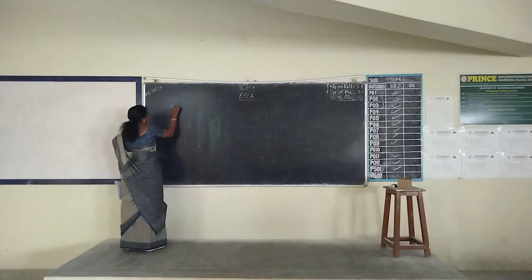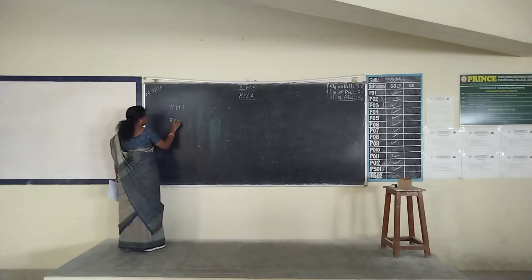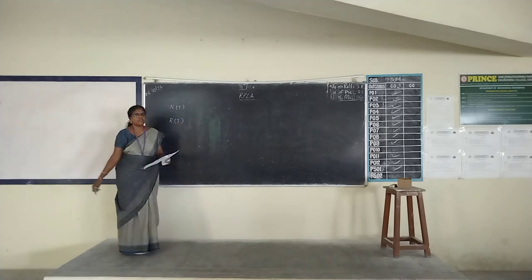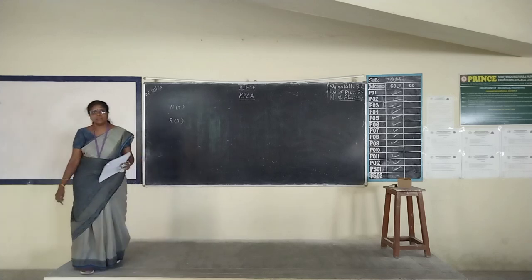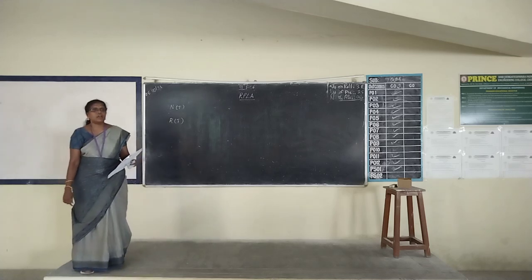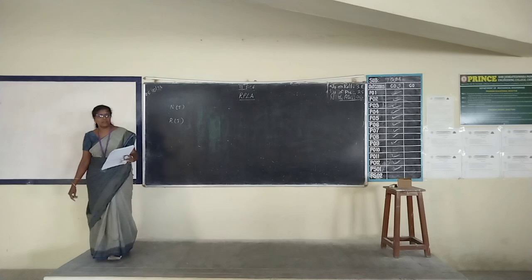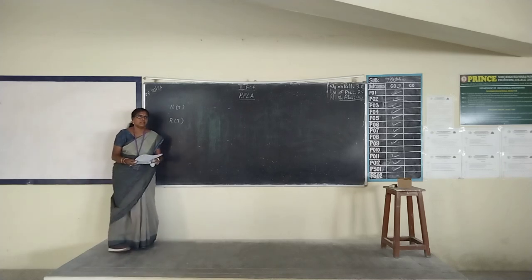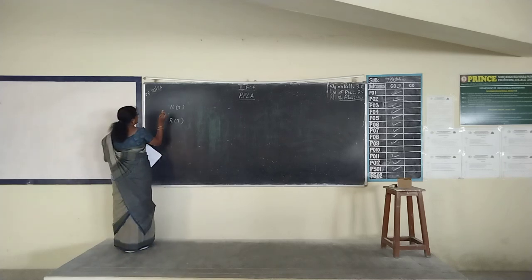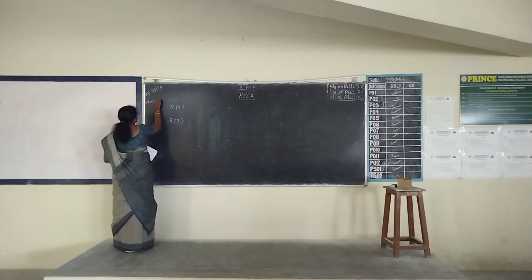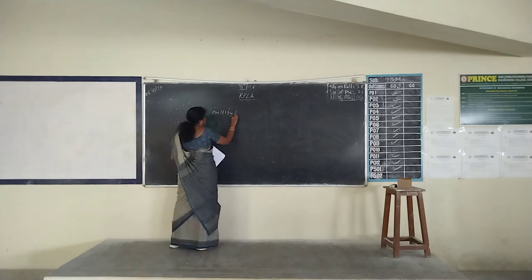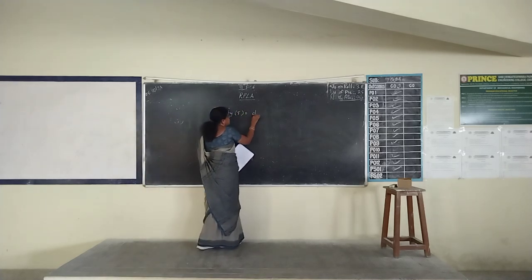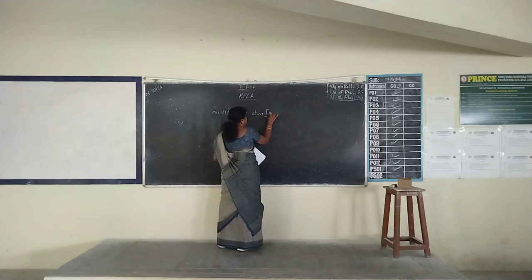If n of t and r of t are finite dimensional, then nullity of t is equal to dimension of n of t.